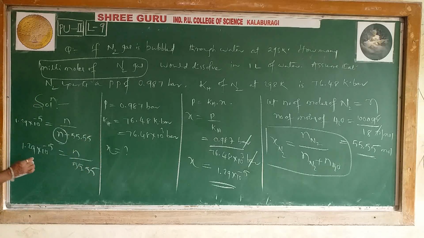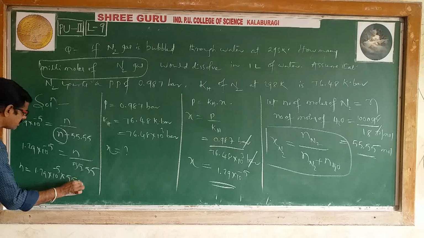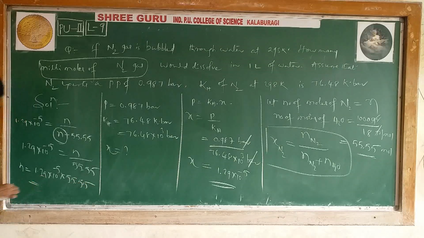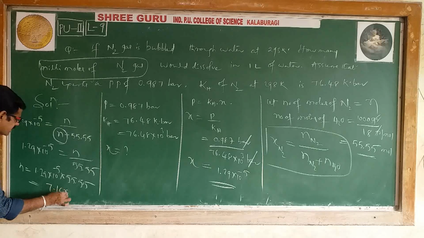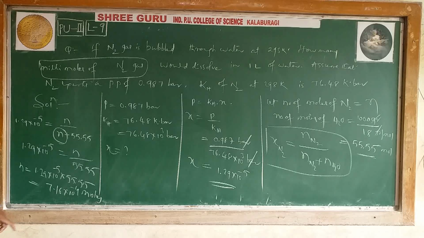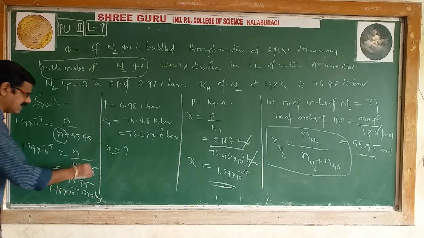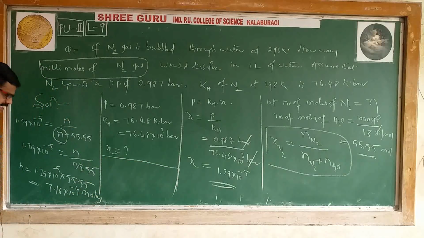Now n is equal to, we'll cross multiply them, 1.29 into 10 to the power of minus 5 into 55.55. If you multiply, you will get 7.16 into 10 to the power of minus 4 moles. But in our question we need millimoles, so whatever value we are getting, we multiply with 1000.